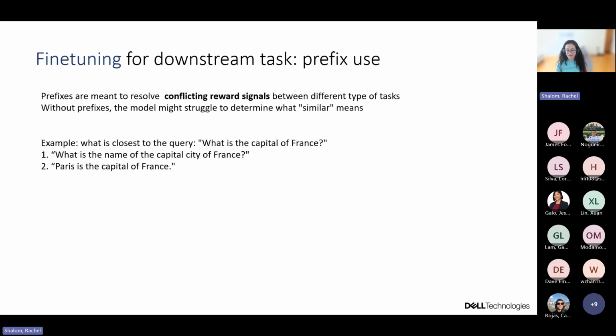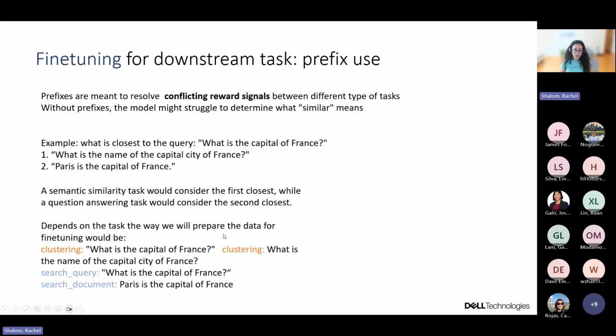If I'm doing clustering, where I want to cluster the sentences that have the same meaning, I would say that the question and number one are closer to each other. But if I'm doing a different task, where I ask a question and want an answer, then the question and number two are closer to each other.